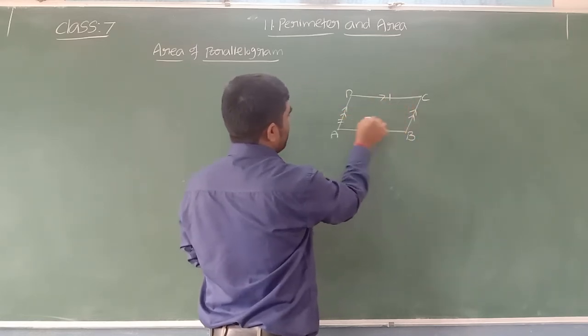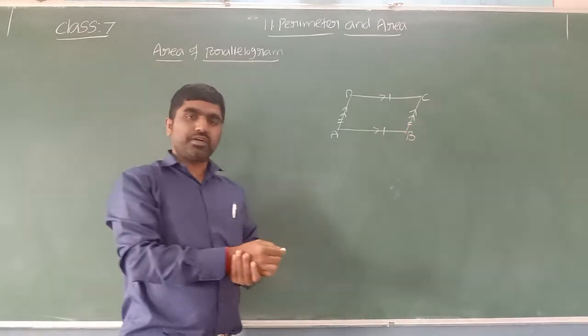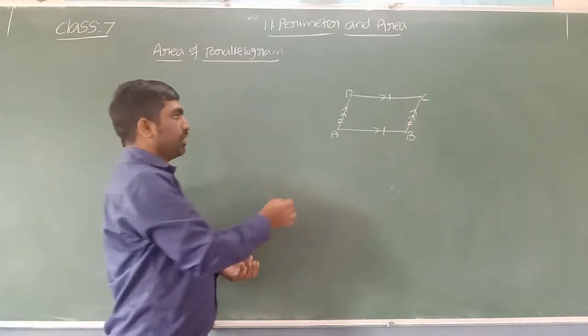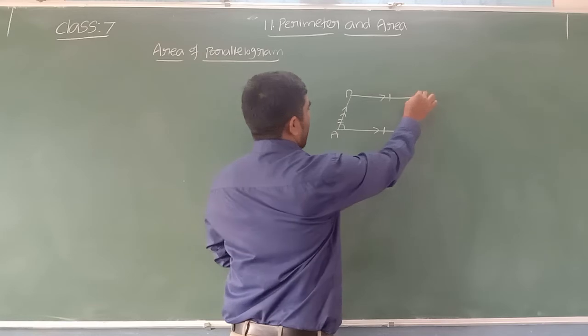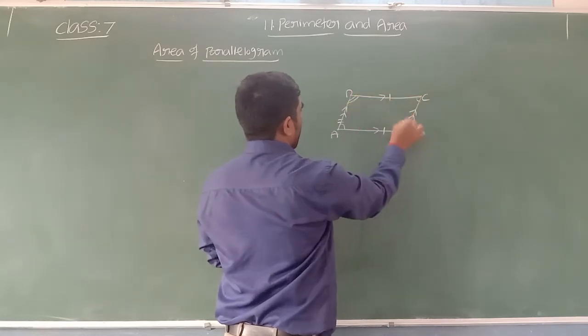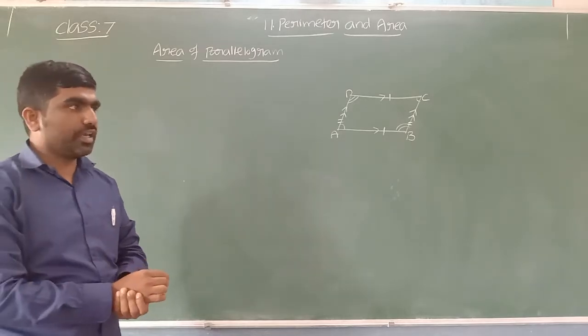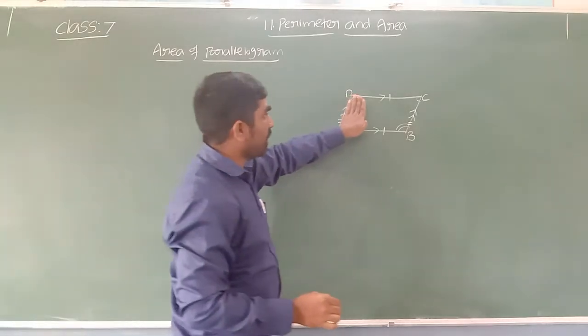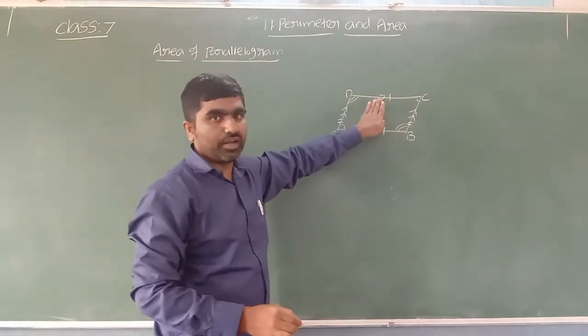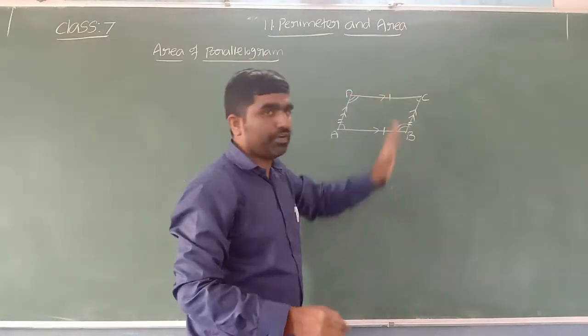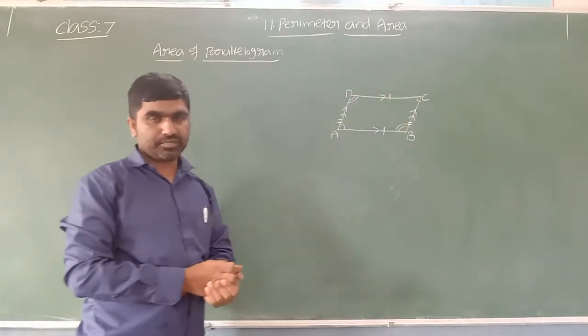And also we learned opposite angles are equal. Now let's see how to find the space occupied by this 2D figure, the area of this parallelogram.